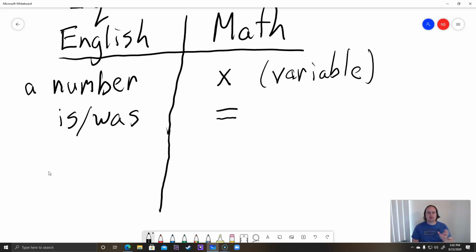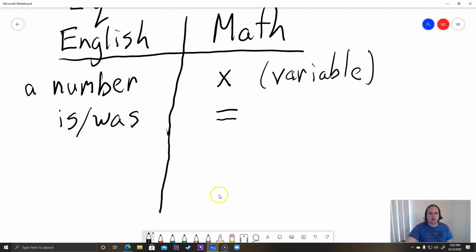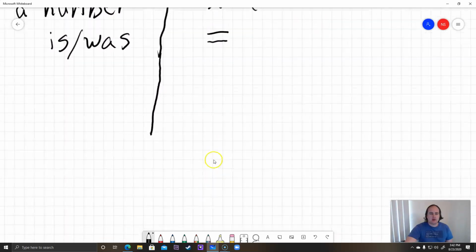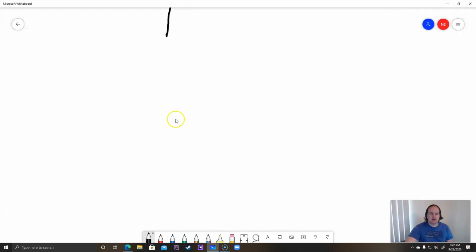Well, the is actually translates as an equals. So those are a couple of the most important phrases or words, and that's how they translate. So let's go ahead and do an example. We'll start using all this information that I just talked about.